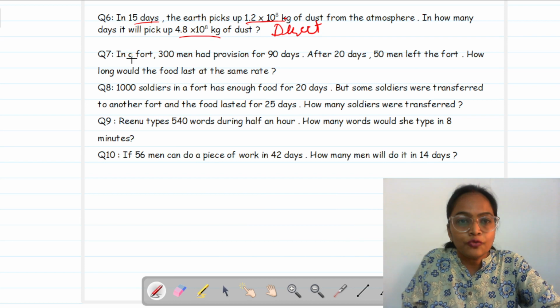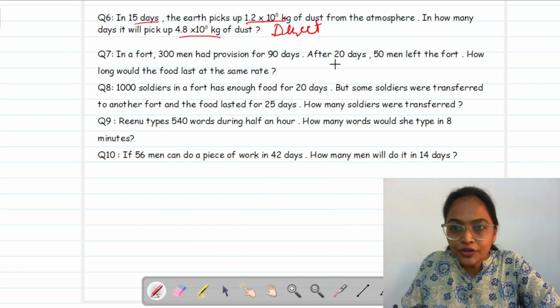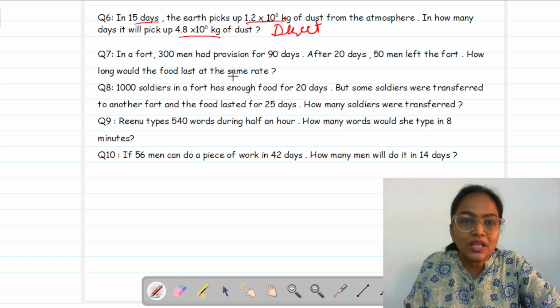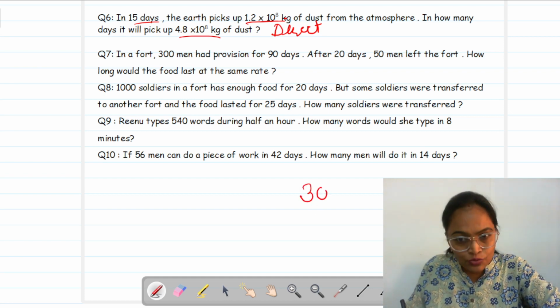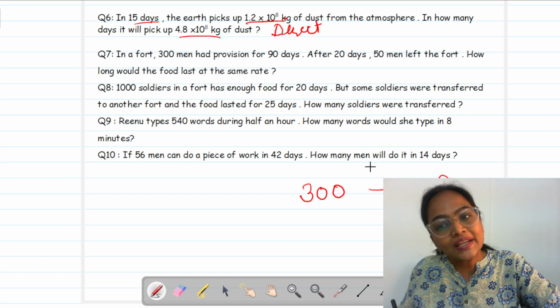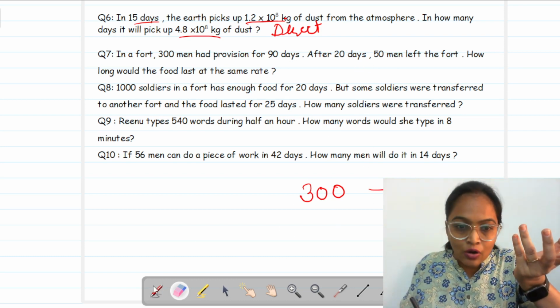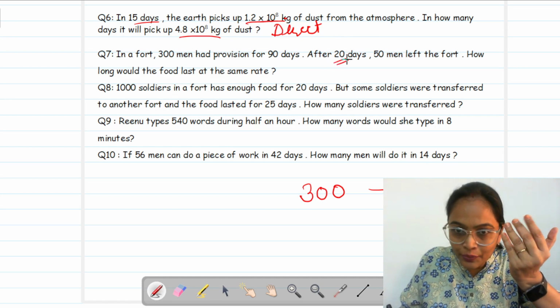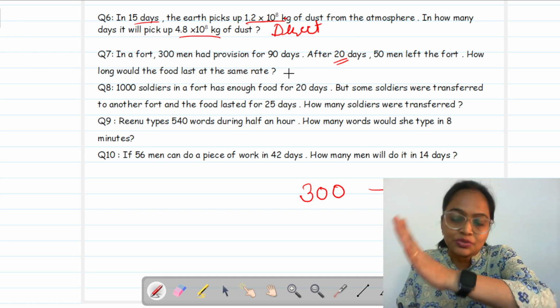Now another, in a fort 300 men had provision for 90 days. After 20 days 50 men left the fort. How long would the food last at the same rate? There is food in the fort for 300 men for 90 days initially. But after 20 days, 50 men left the fort. After 20 days, 300 men consumed for those 20 days.